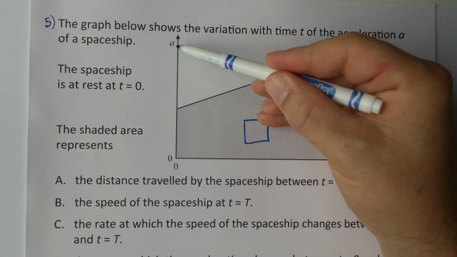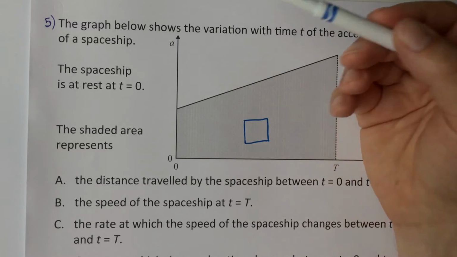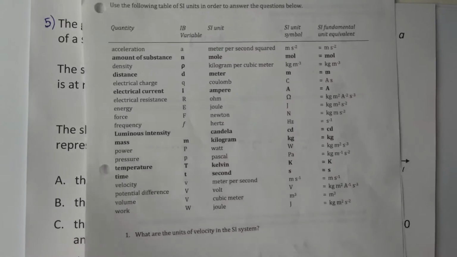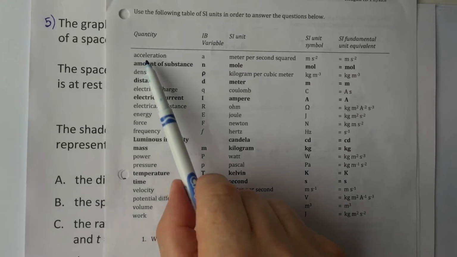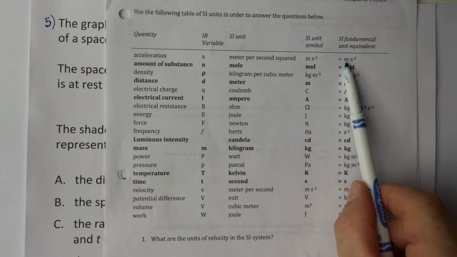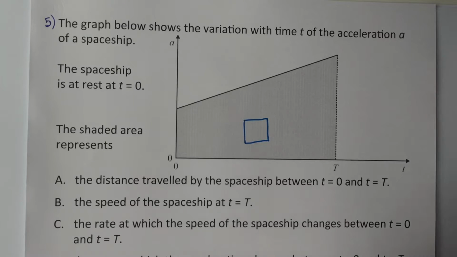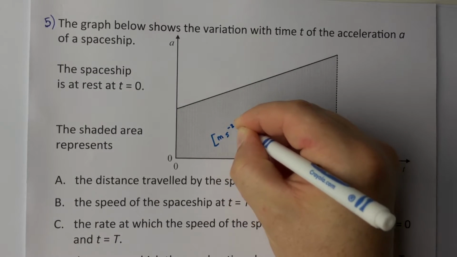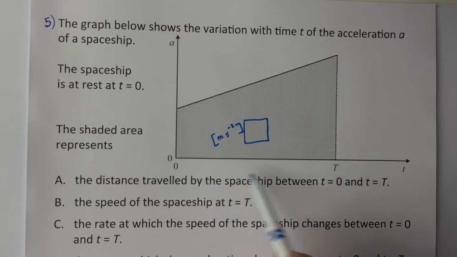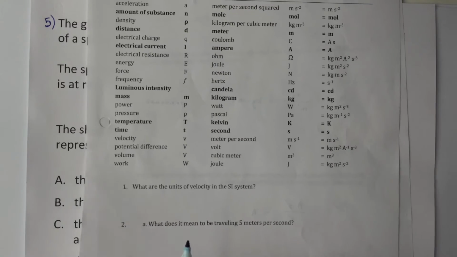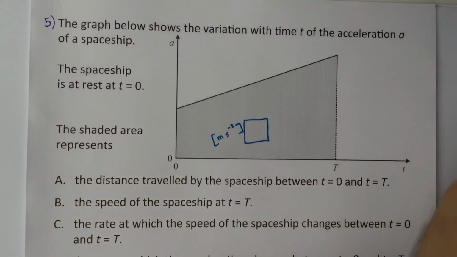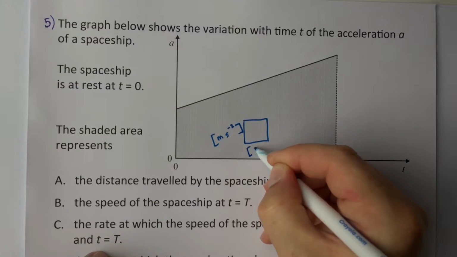And the height is going to have units of a, which is the acceleration, and those units are going to be meters per second squared. And the base is measuring time, which is going to have some units of seconds.